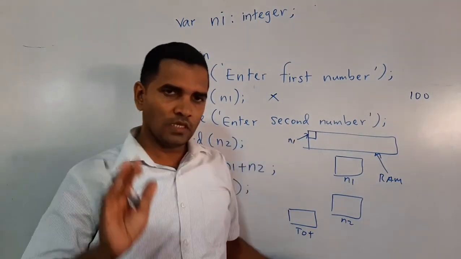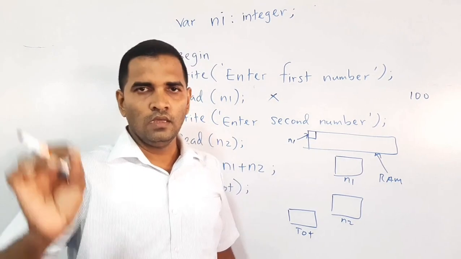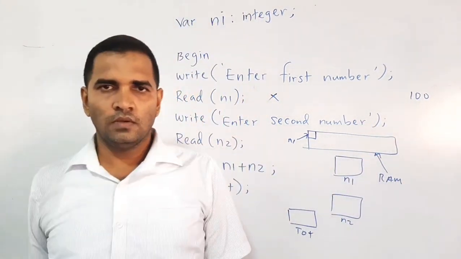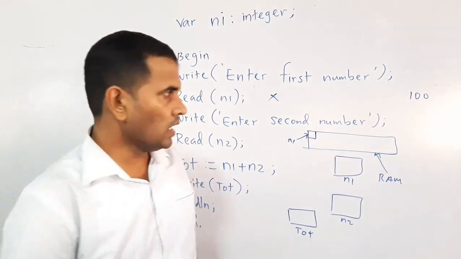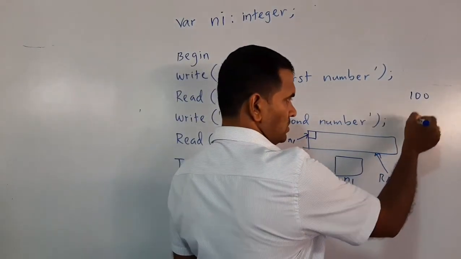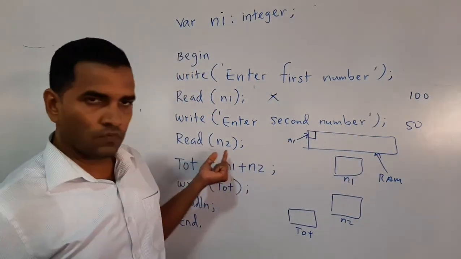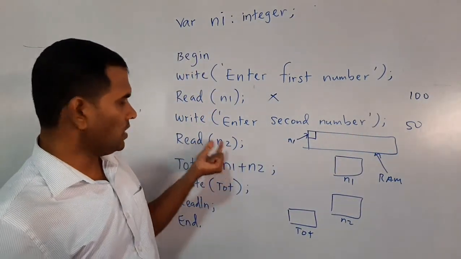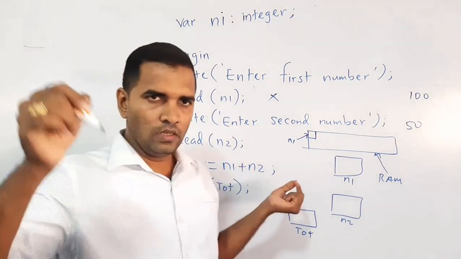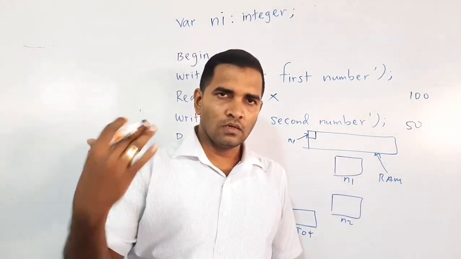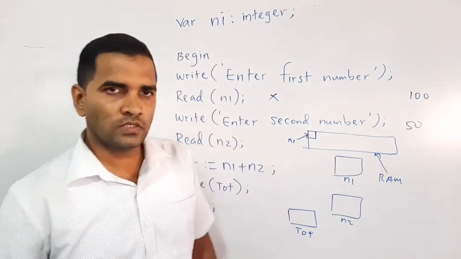Now the computer goes to the third line. Enter second number. Yes, the computer can understand that line, and it is shown on the screen. As a user, you will enter a number. Assume that you enter 50. Now the computer goes to the fourth line: read n2, which means store in n2. Does the computer understand this line?